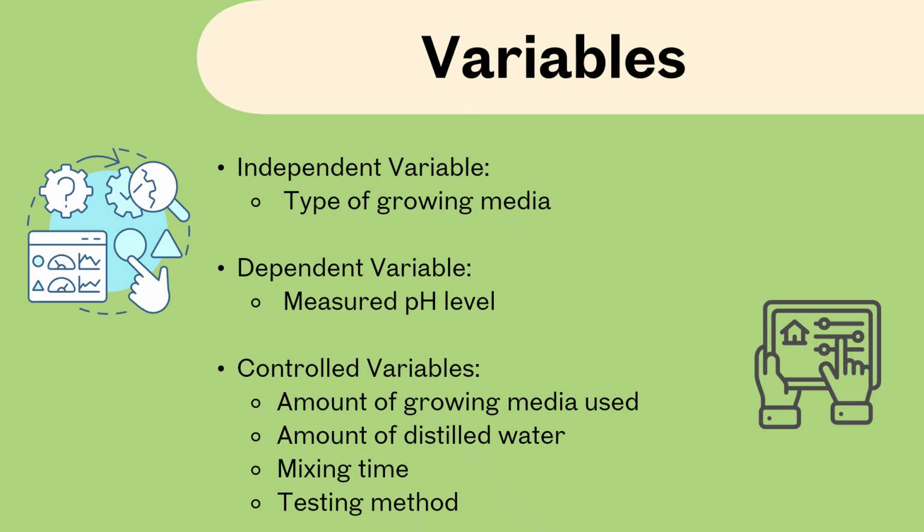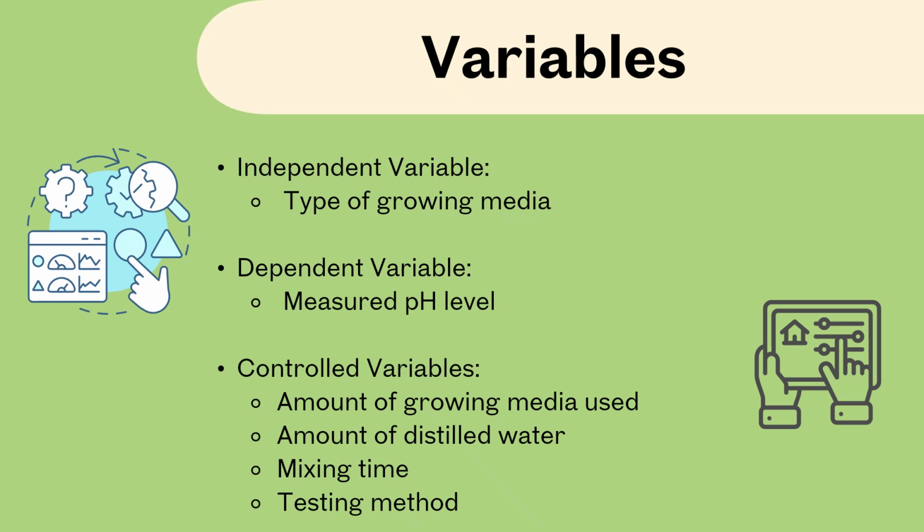The variables, while you're working on that experiment or even after, that's where you're going to figure out which variable is which. So variables, independent, and I put the examples on here. For the independent variable, we're looking at the type of growing medium that you're going to use.